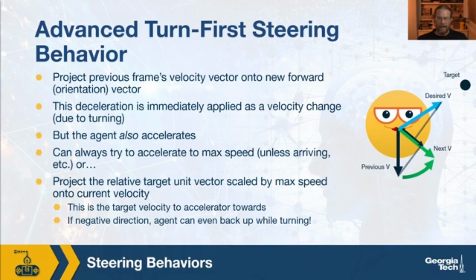lost in that. Now in a car, we are going to keep accelerating to hold speed, or close to holding speed typically. So we can do the same thing with our agent.